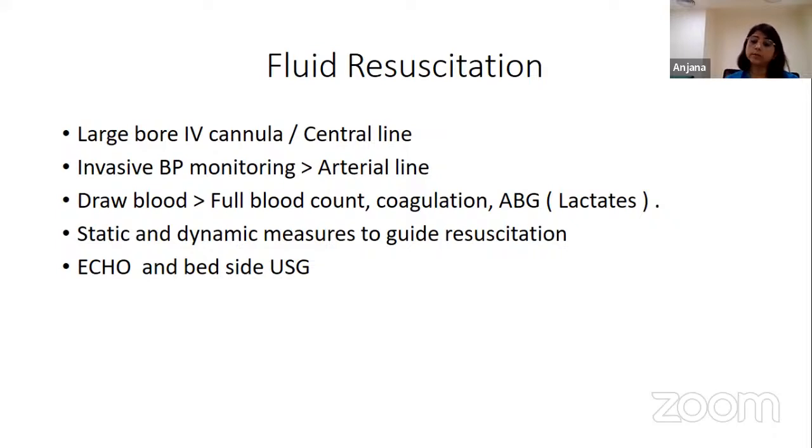So echo and ultrasound should be at the bedside, which will guide you and tell you the reason why the patient is in shock. You can figure out many things on echo and ultrasound, and then you can do shock targeted management. But your resuscitation should be on while you're doing all these things.